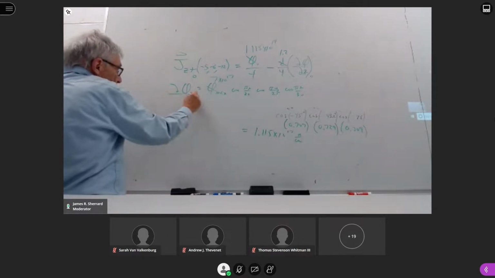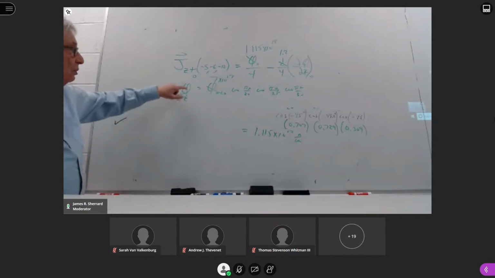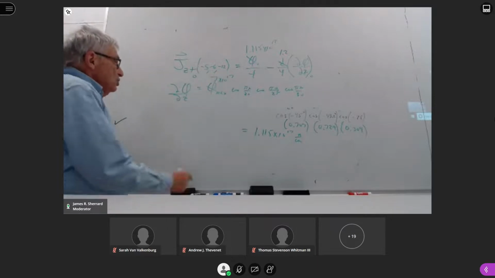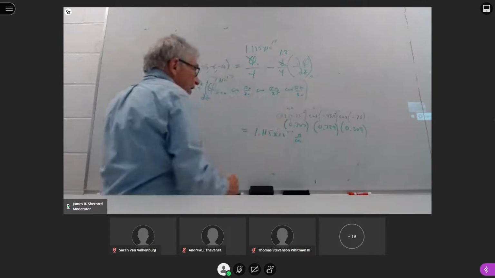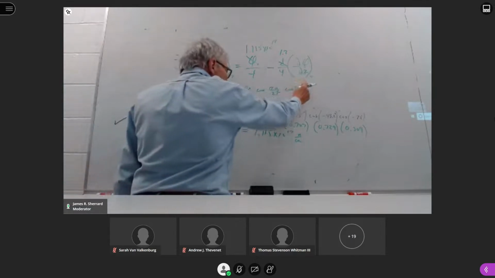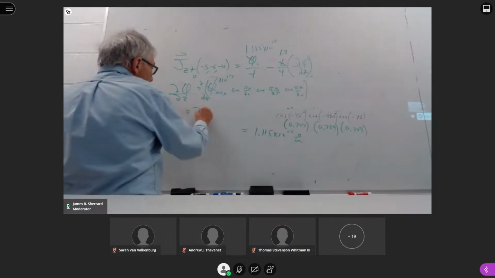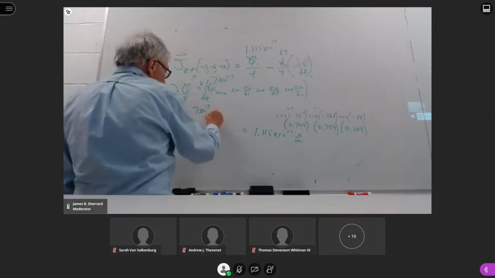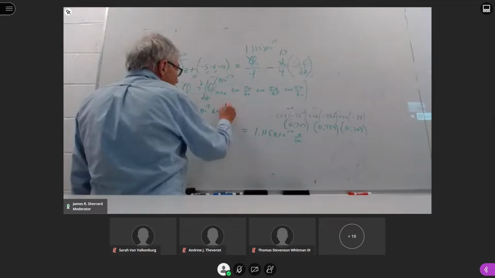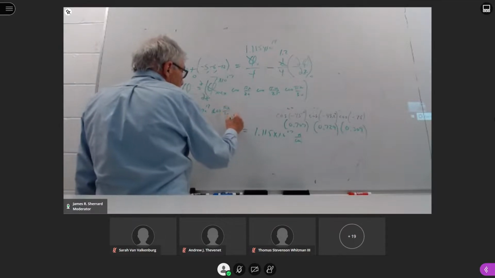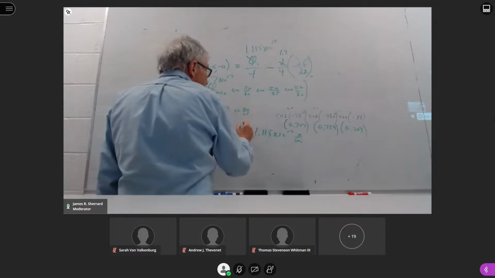So when we take the partial with respect to z, again, we're taking a partial with respect to z, realizing that we have both x, y, and z. So when you do this, you're taking the partial on this side also. And remember, everything that does not have a z in it, we treat as a constant. So this becomes 7 times 10 to the 17th times the cosine of pi x over 20 times the cosine of pi y over 25.